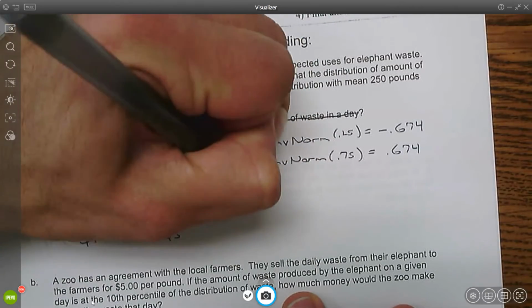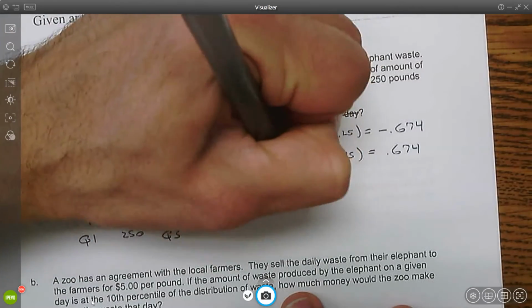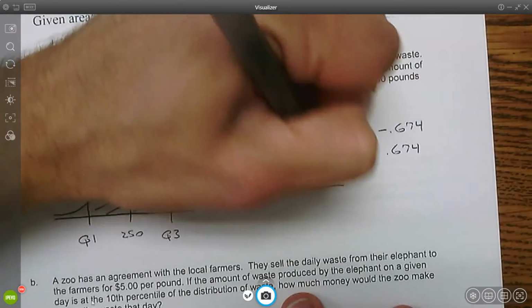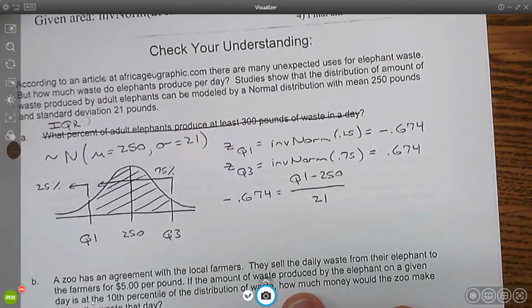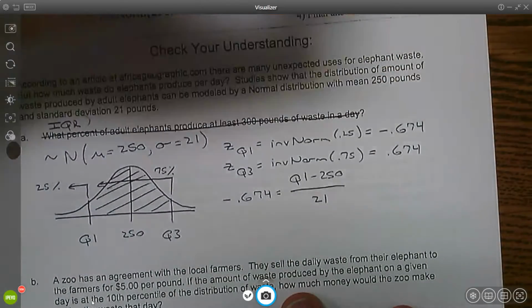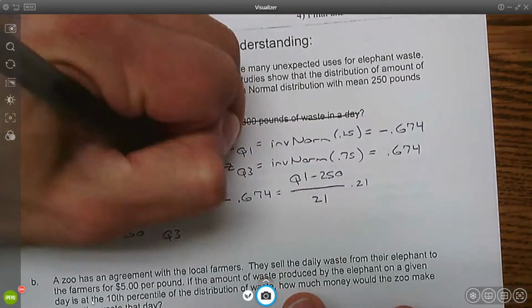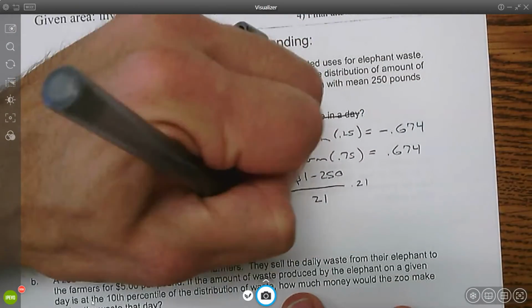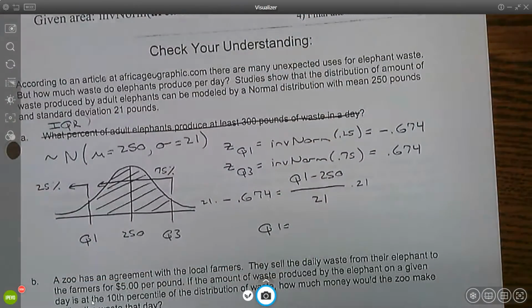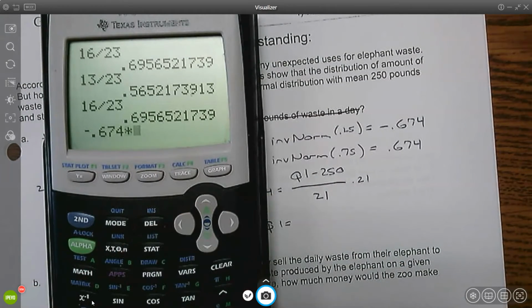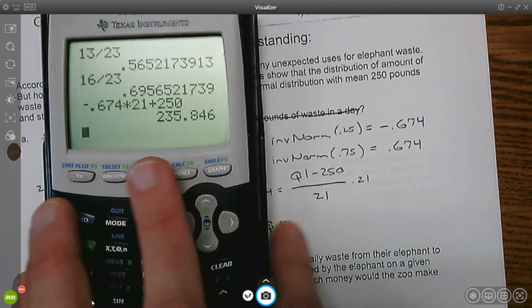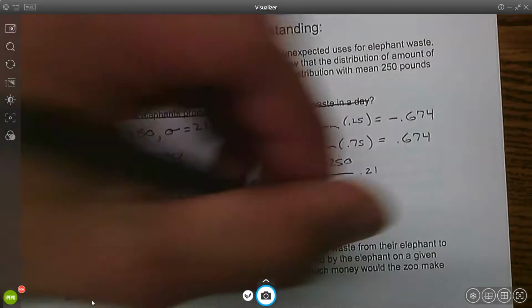For quartile 1, I take my z-score equals the value, I don't know it, Q1 minus the mean divided by the standard deviation of 21. To do the work, I'm just going to multiply by 21 and add the 250. So if I do that, negative 0.674 times 21 plus 250, I'm at about 235.8.